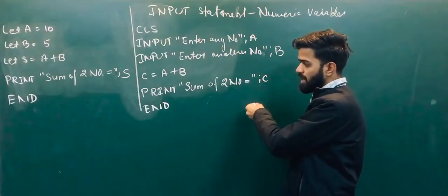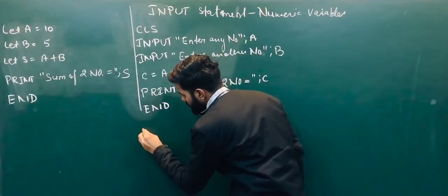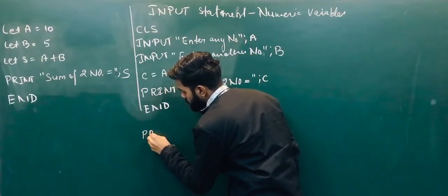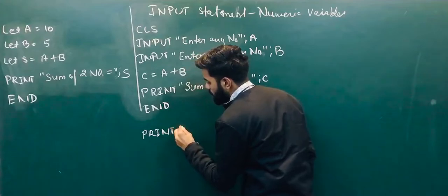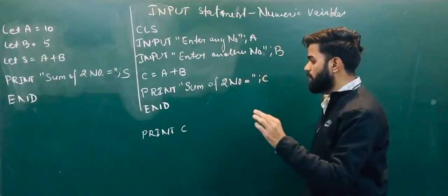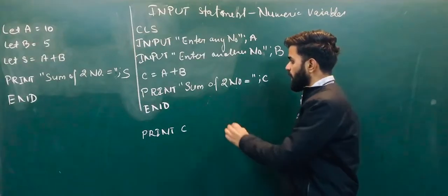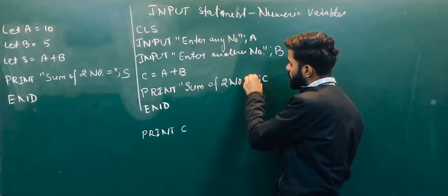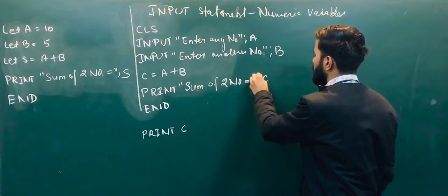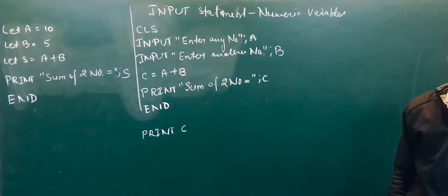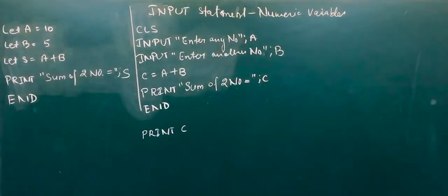If you want to print directly, you can write print c. But if you want to print an appropriate message for your sum of two numbers, you can write "sum of two number" in double inverted commas, then a semicolon, and then the name of the variable where we store the sum.